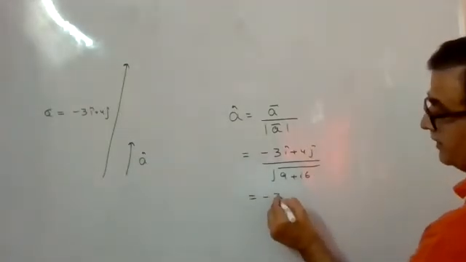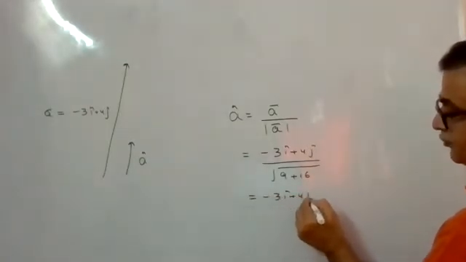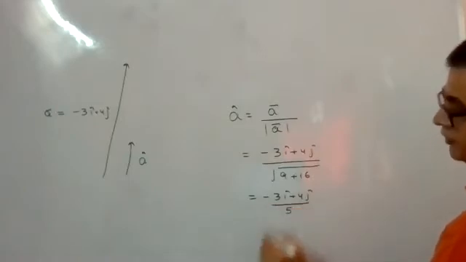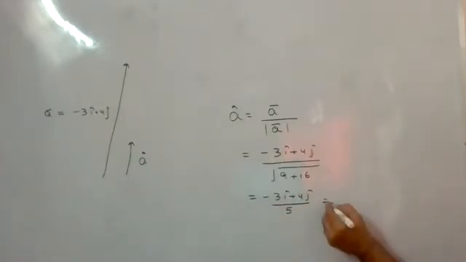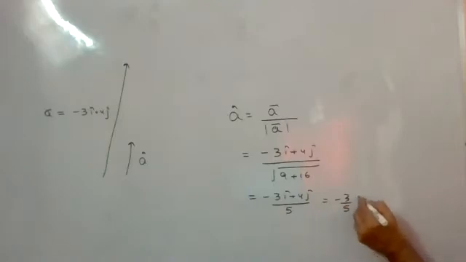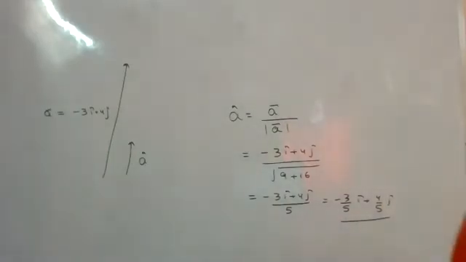Then I got minus 3i plus 4j by 5, or minus 3 by 5 i cap plus 4 by 5 j cap. This is the unit vector of A.